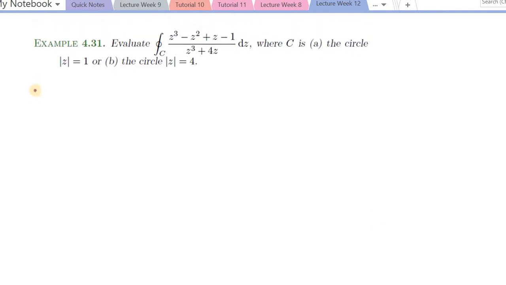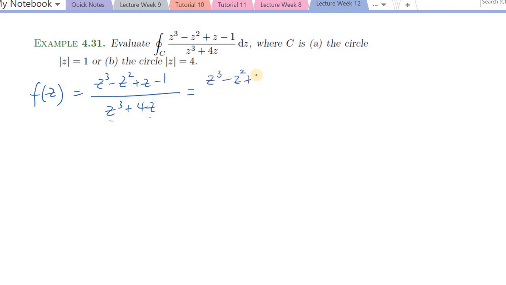Now let's let f(z) equal to this. So this is our f(z), and also we can take out the common factor here, as you can see. You take out the factor z, so you get z squared plus 4, and then you can factorize it.